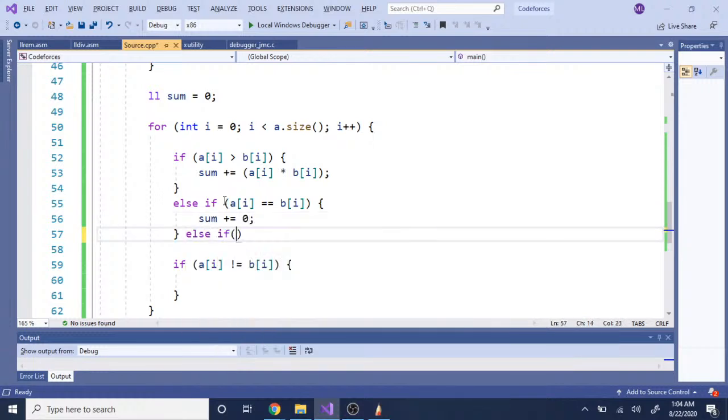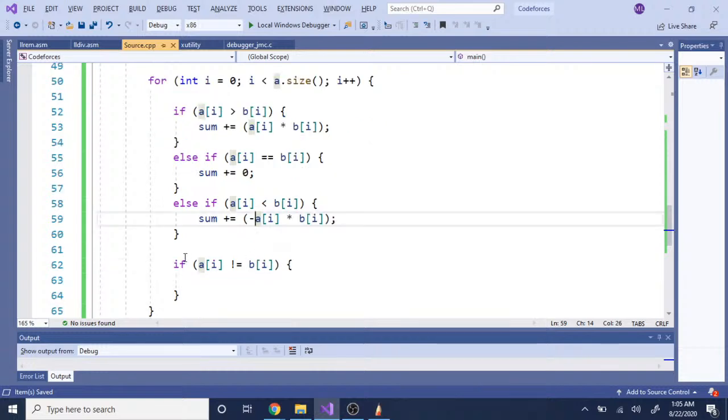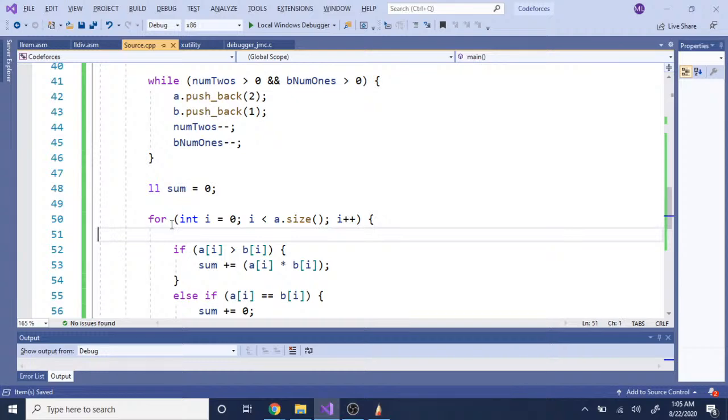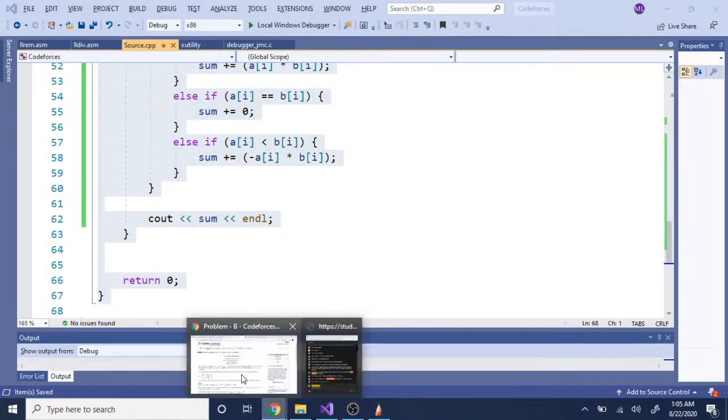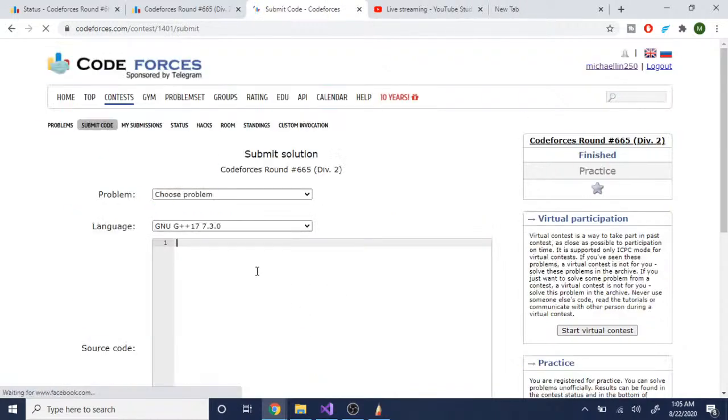Else, if A at I is less than B at I, we sum the negative of this. Okay, it should be negative A times B. Let's see if this actually changes the test cases, because I'm pretty sure I'm doing this right.